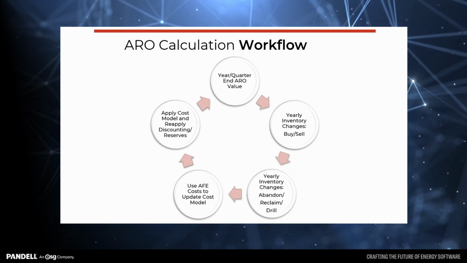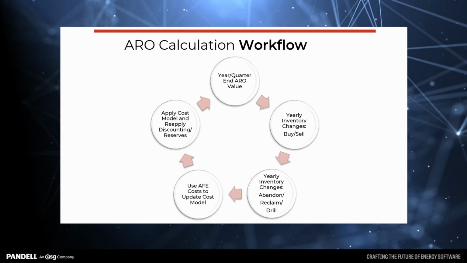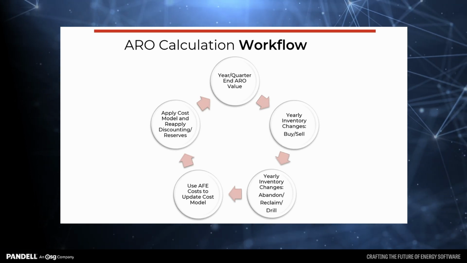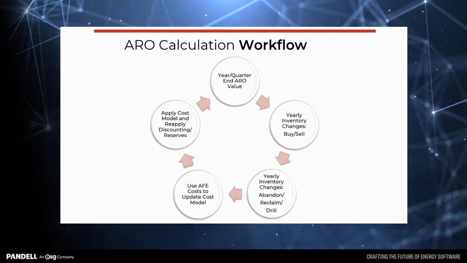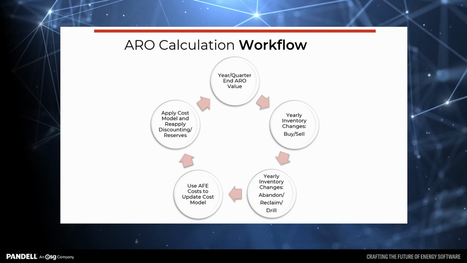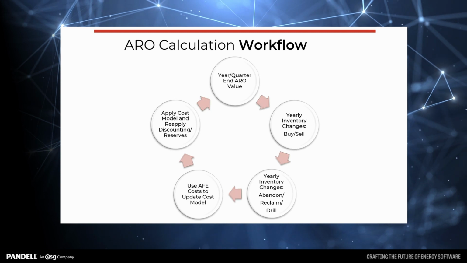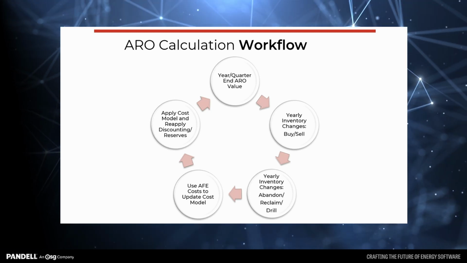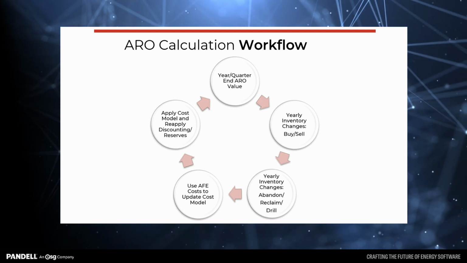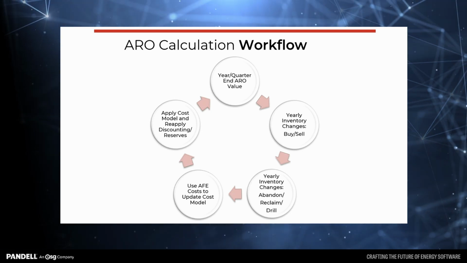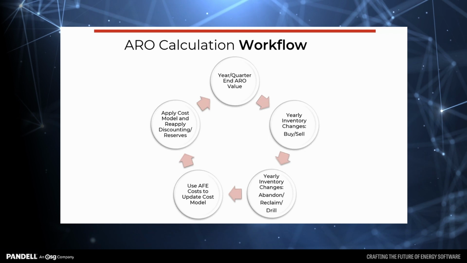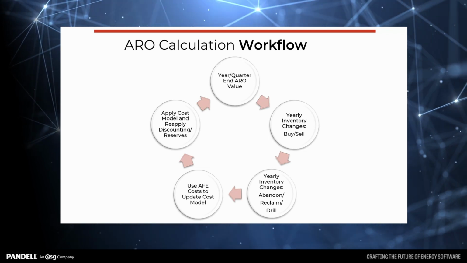And then you move into updating your cost model based on what you found to be abandoned and reclaimed. You can use your AFEs, such as from your Pandell AFE program, to update your cost model. You can apply those costs, then do your discounting and reserves, which leads you right back to your year or quarter end value again.